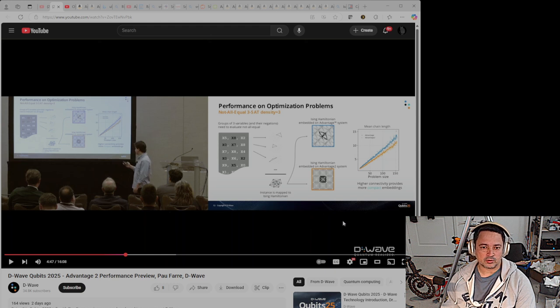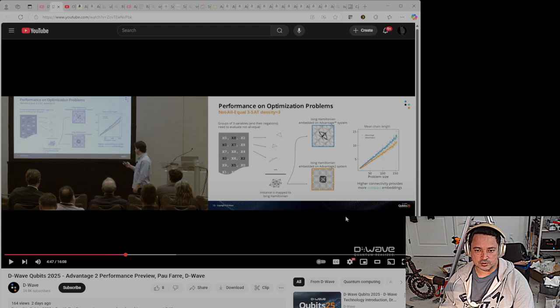And just a reminder, D-Wave does quantum annealing, or what they call a quantum annealing computer. It's not a universal quantum computer. It uses a different architecture which allows it to have less noise, more qubits, but it can solve fewer algorithms.